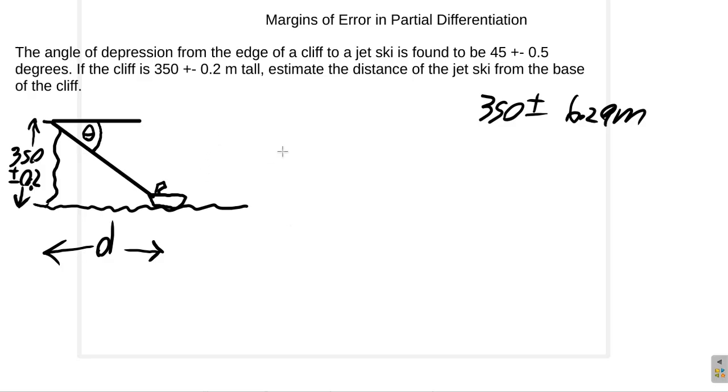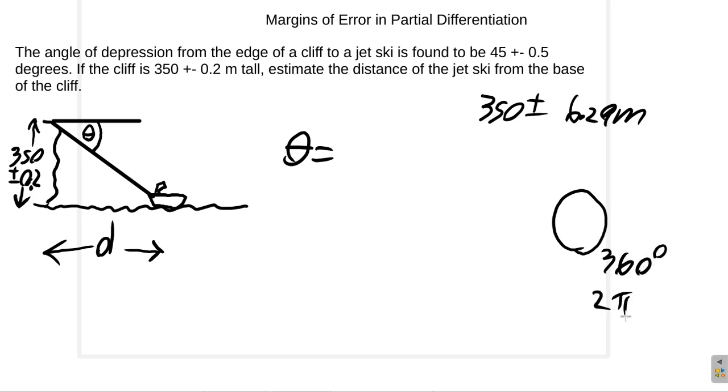Now, theta equal. Remember now, the angle should be in radians, alright? So let's convert it. Remember, one complete revolution contains 360 degrees, which is 2 pi radians.